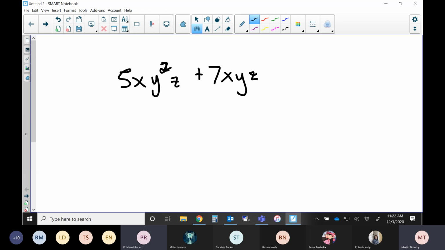Not the 5xy. It's the y then. The 2 only belongs to the y. The square does not belong to the 5, it doesn't belong to the x, and it does not belong to the z. So actually, all I'd have to do is have that, and then these would be like terms. So you're just looking to make sure that these match up.